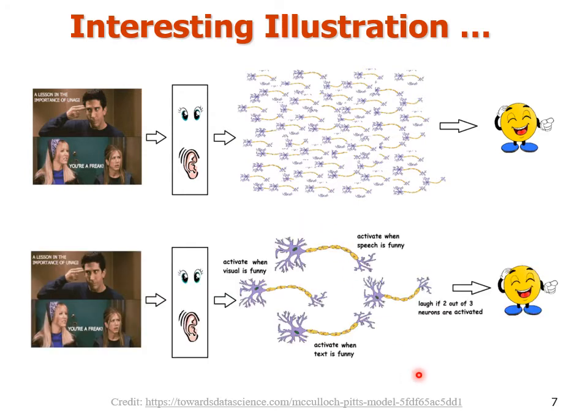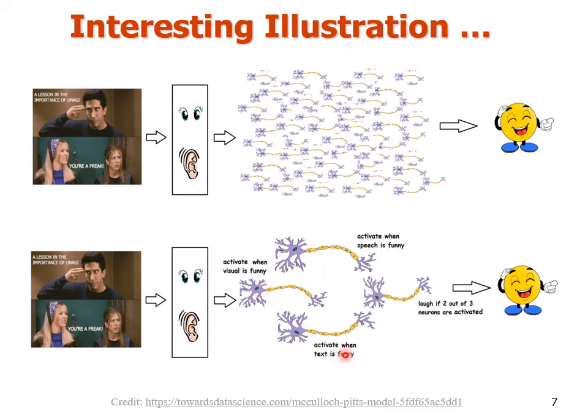A few neurons activate when the visual is funny, a few activate when the speech is funny, and a few activate when the text is funny. So as we have different forms of input, we have various neurons that fire based on those kinds of inputs.